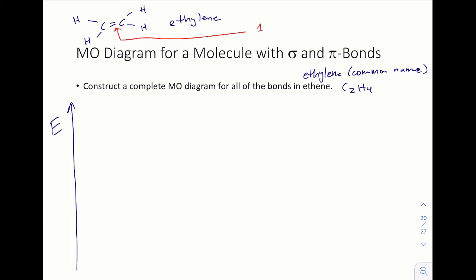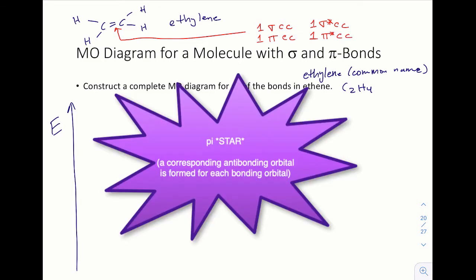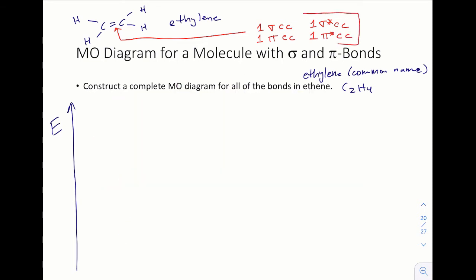That means that there's one sigma CC orbital and one pi CC orbital. We know that if a sigma CC was formed, so was a sigma star orbital. If a pi orbital was formed, so was a pi star orbital. So even though I expect these antibonding orbitals to be empty, they do exist.